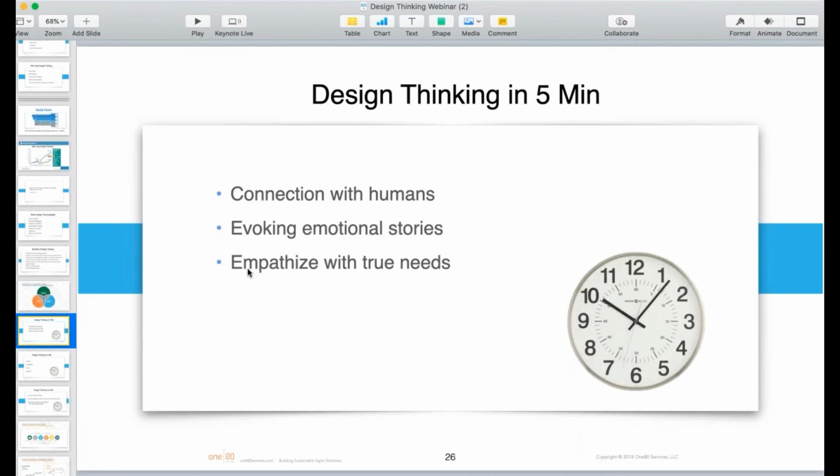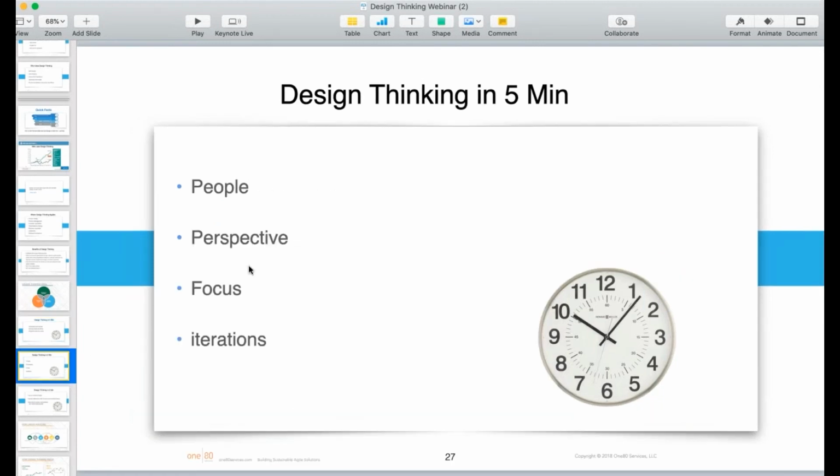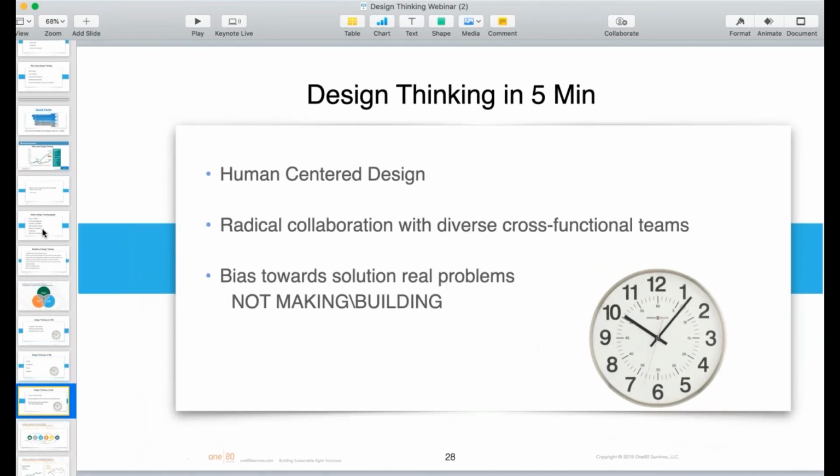So design thinking in 5 minutes is a way to connect with our customers, create emotional and empathetic stories that help us identify what their true needs are. It's about bringing people, perspective, and focus into cycles that can create a testing structure to help us identify customer needs.